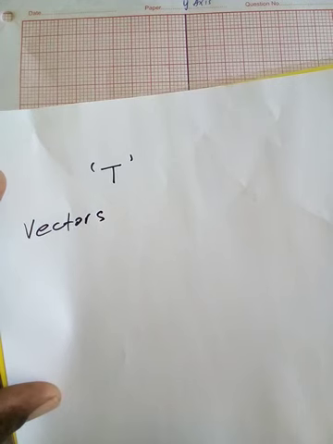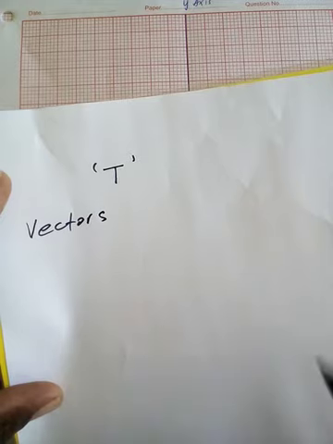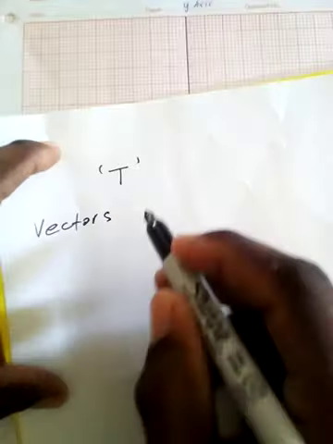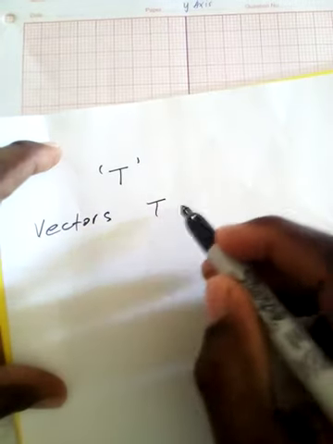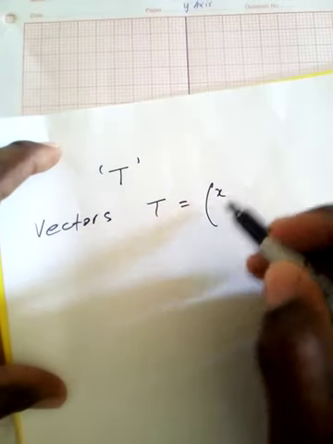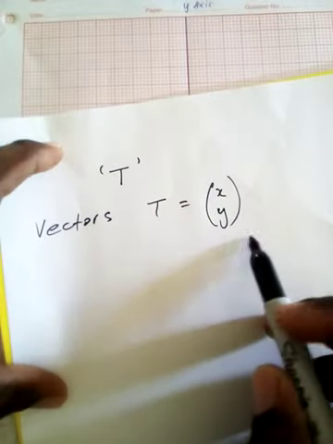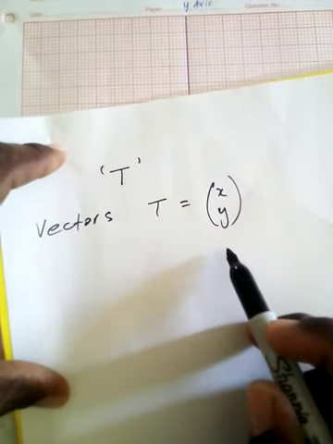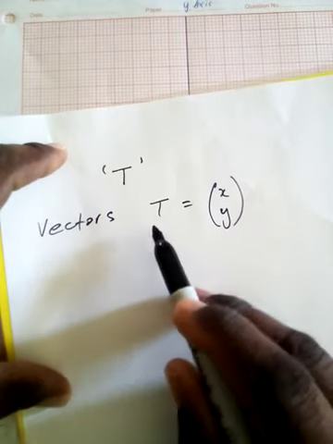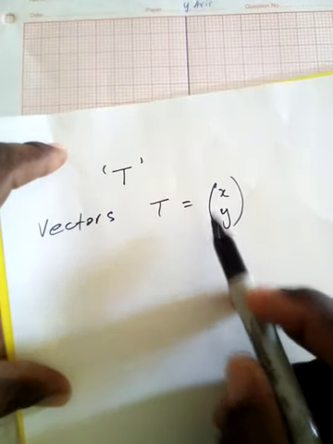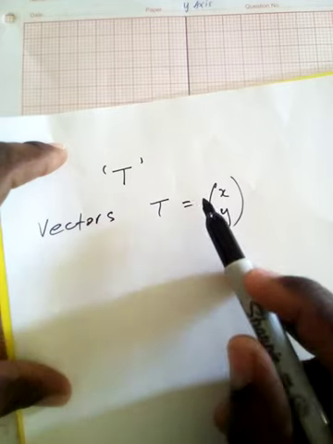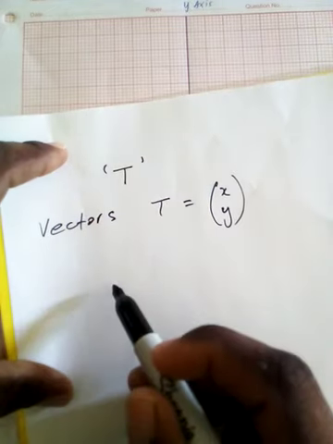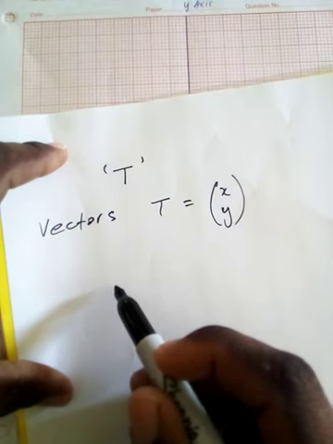A vector is a value, an amount, that has magnitude and direction. So in this case, it's represented like this when you're talking about translation. And sometimes you might hear them say column vectors. If you did a lesson at school on matrices, vectors are matrices already. Translation T is represented in vector form, as a column vector. Basically we say it's a quantity that has magnitude and direction.